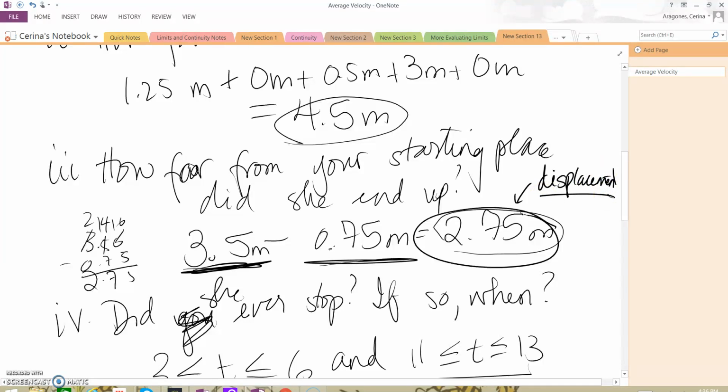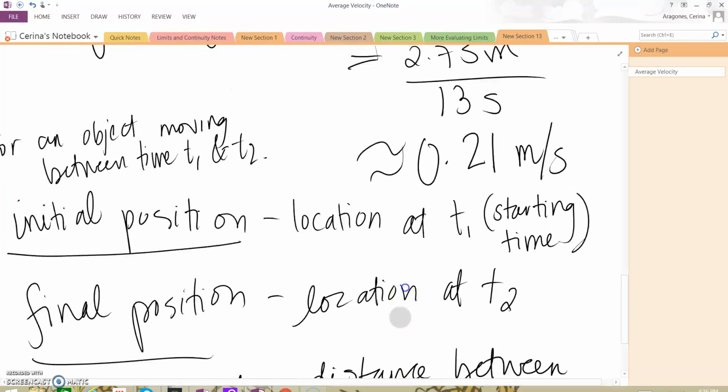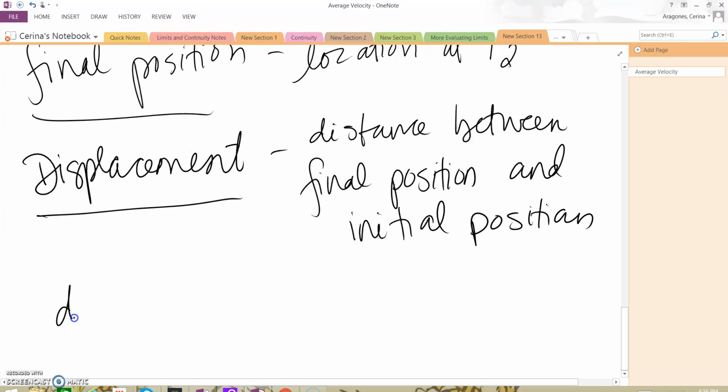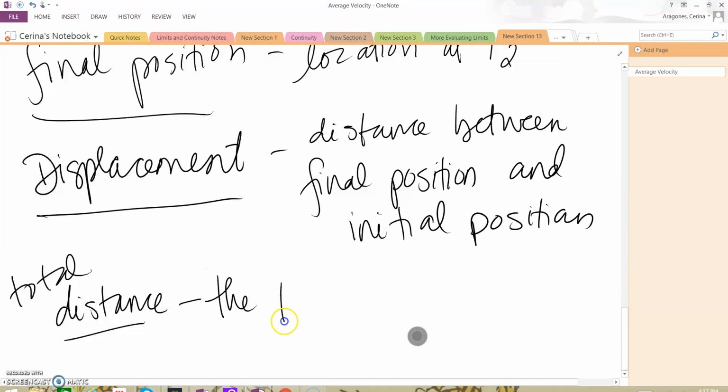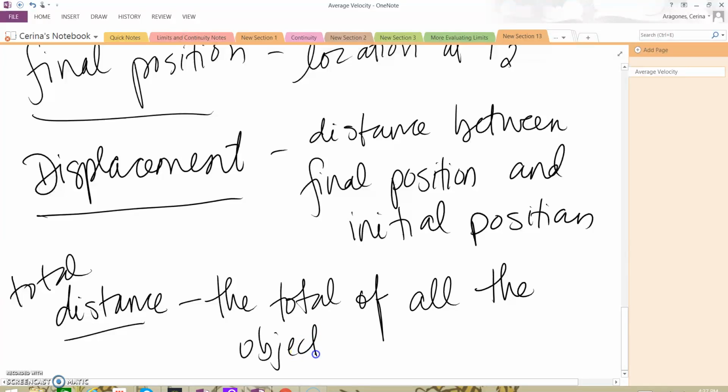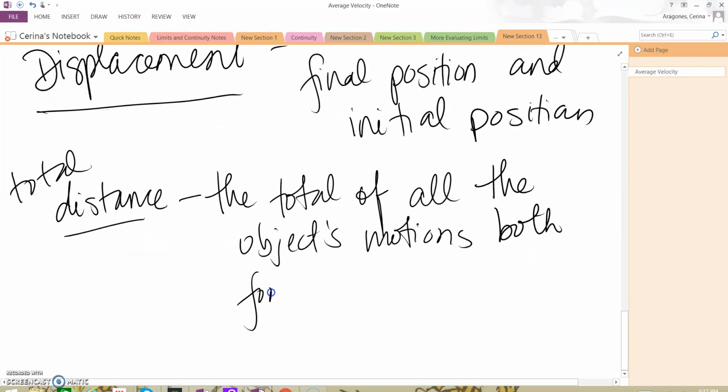Okay. On the other hand, your total distance is the total of all the object's motions, both forward and back.